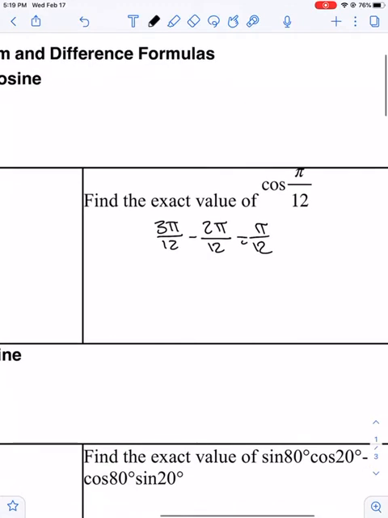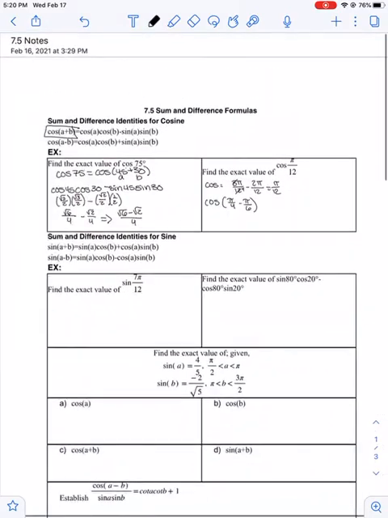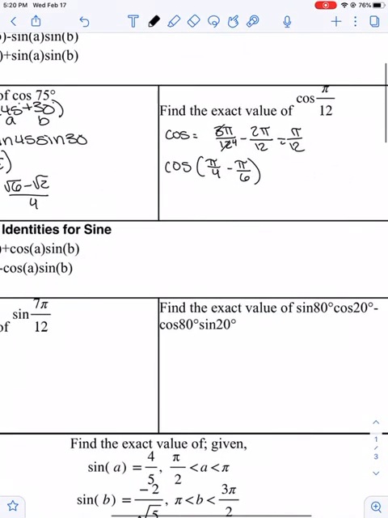Now, if I'm looking at 3 pi over 12, this simplifies to pi over 4. And then 2 pi over 12 simplifies to pi over 6. So we're finding the cosine of pi over 4 minus pi over 6.